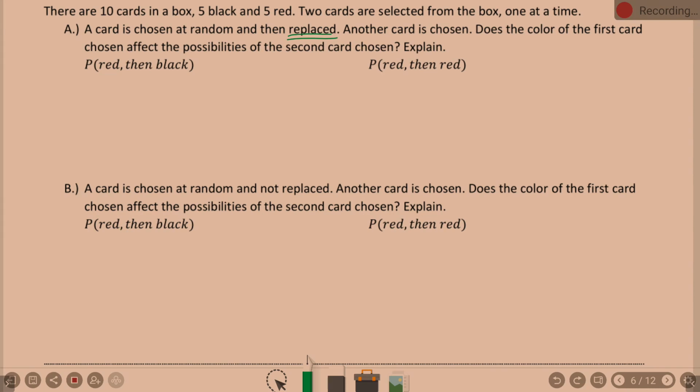No. So I'm going to say, does the color of the first card chosen affect the possibilities of the second card chosen? Officially, no. And I'm just going to use the word independent, since the first is replaced.